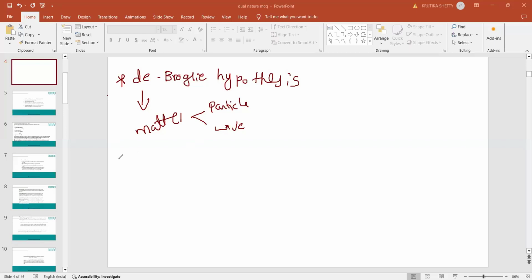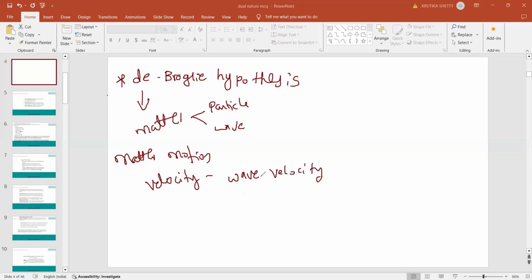So when the matter is in motion, the velocity associated with this matter is called what? Wave velocity. So what is wave velocity here, students? It is the velocity associated with the matter when it is in motion.